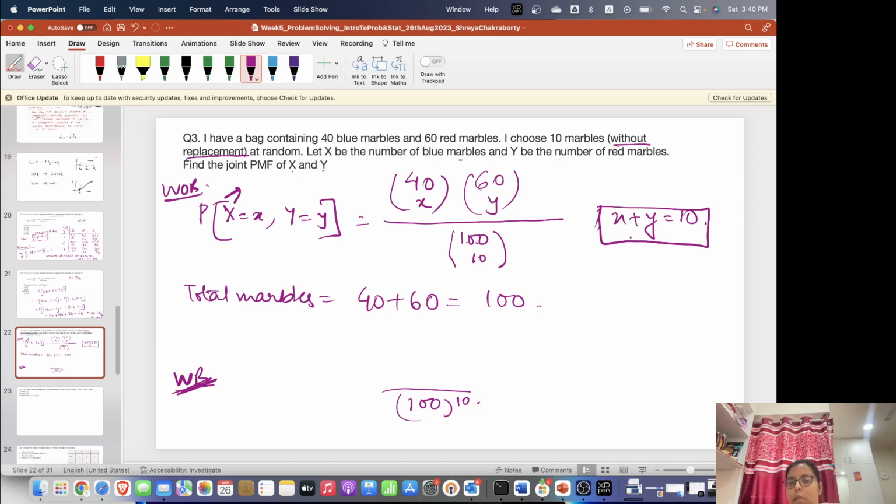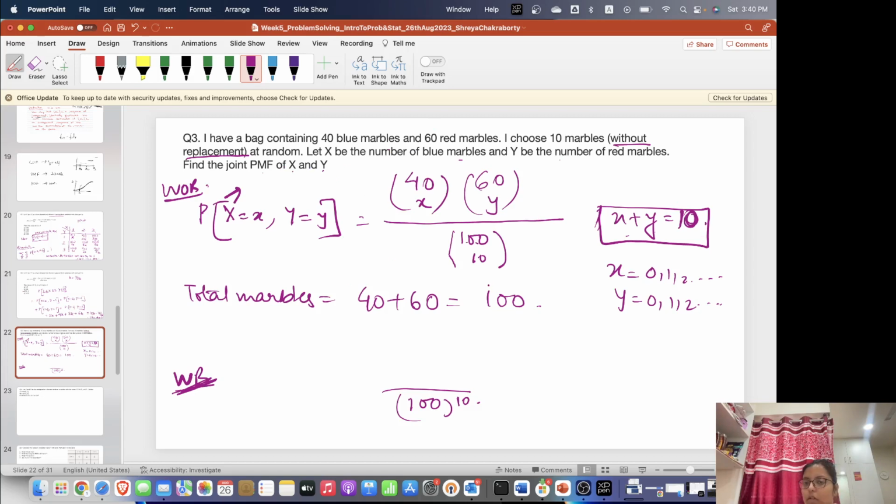This is the PMF, x plus y equal to 10. X can take values 0, 1, 2. Y can also take values, but x plus y should not exceed 10. This is how we represent a joint PMF of x and y.